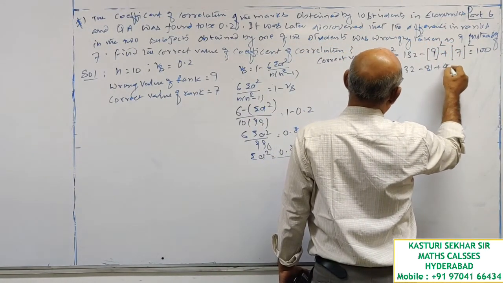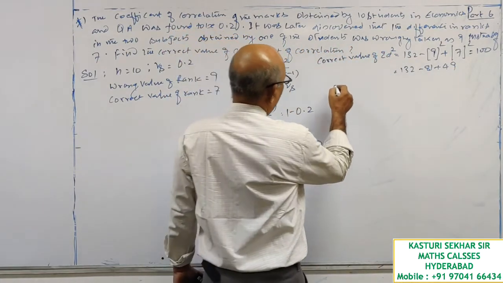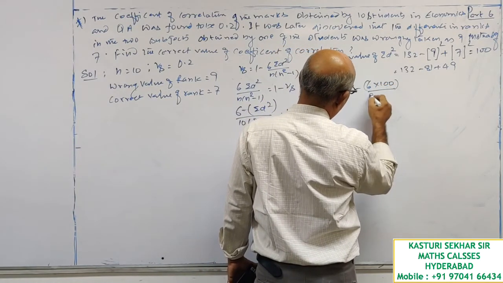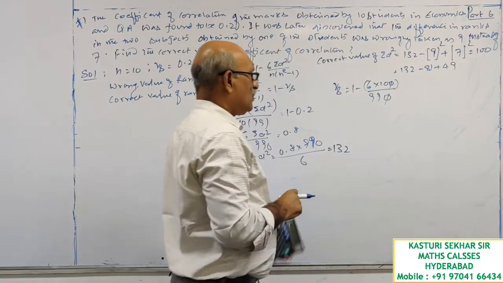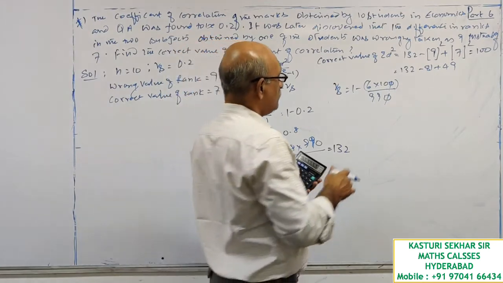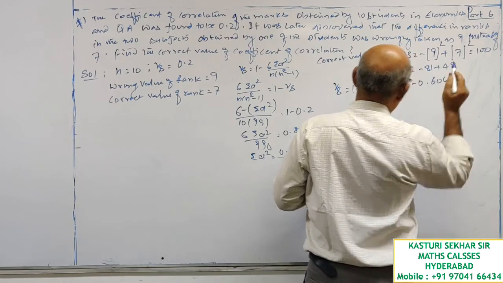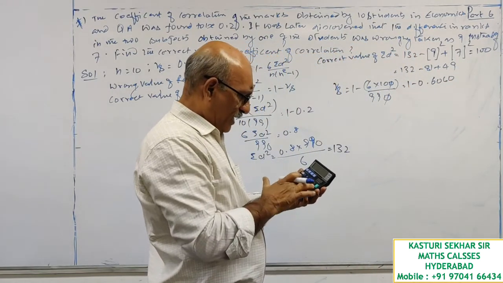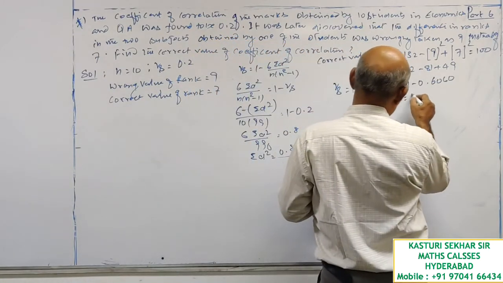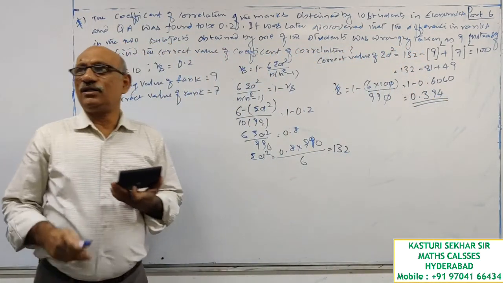So the correct RS is 1 minus 6 into 100 divided by 990, so 60 divided by 99. This is 1 minus 0.6060, which is 0.394. Answer is 0.394.